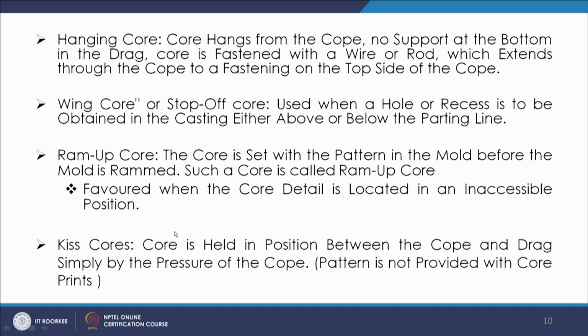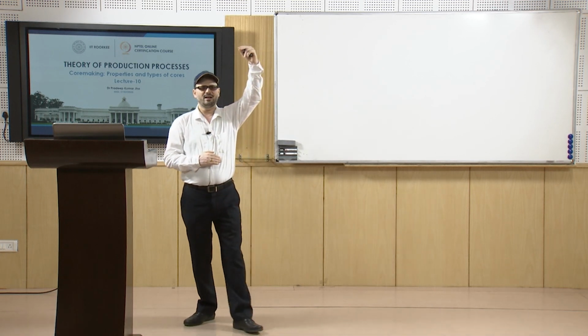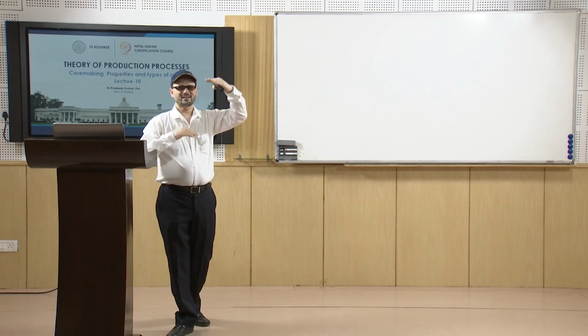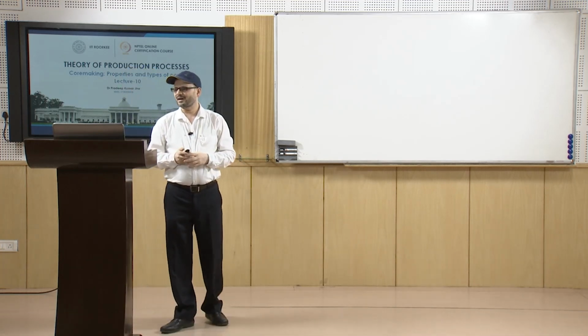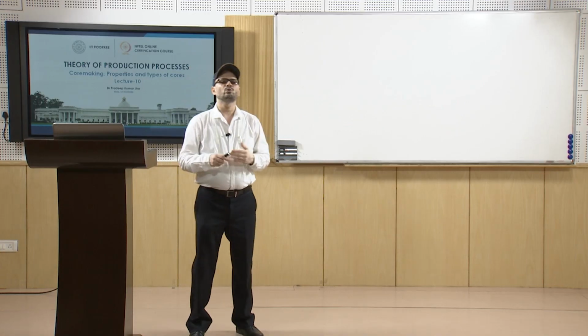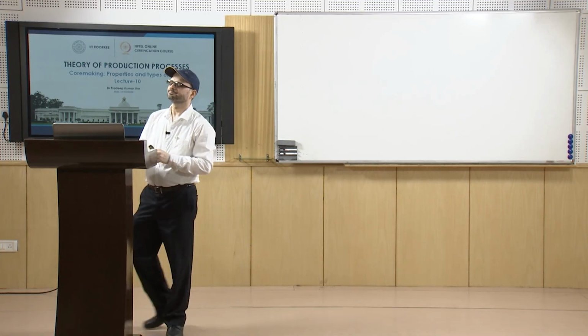The pattern is not provided with core prints anyway, because of the support from the top and bottom side, which is touching. That is why it is held at its own position. This is about the different kinds of cores which are seen.